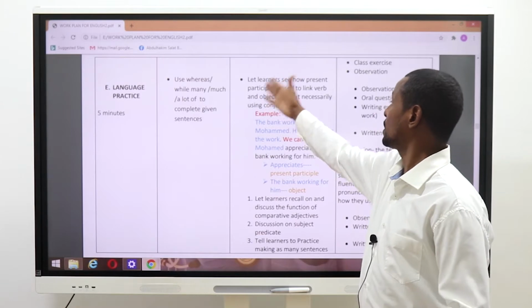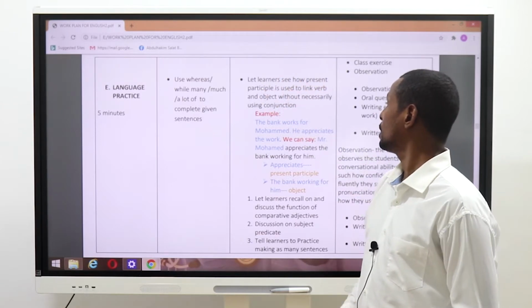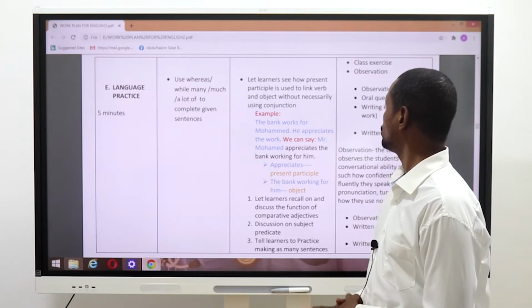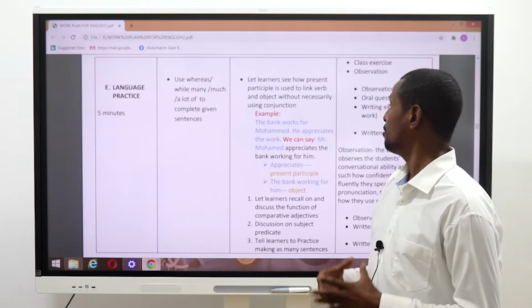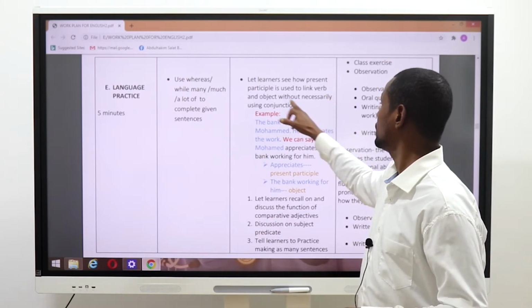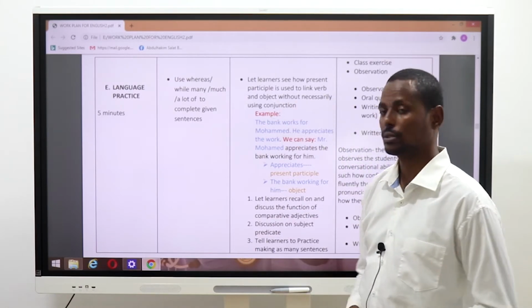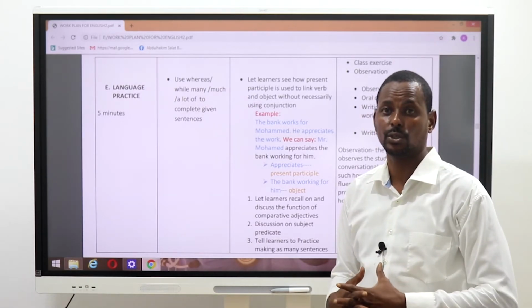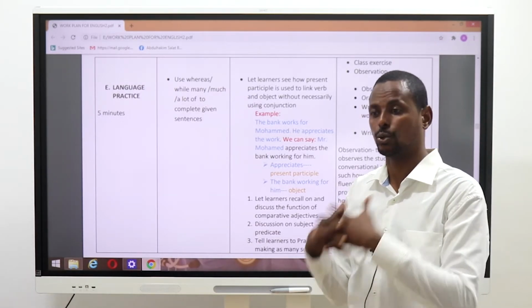Let learners see how present participle is used to link verb and object without necessarily using conjunction. As we have earlier talked about, we join sentences using conjunctions.